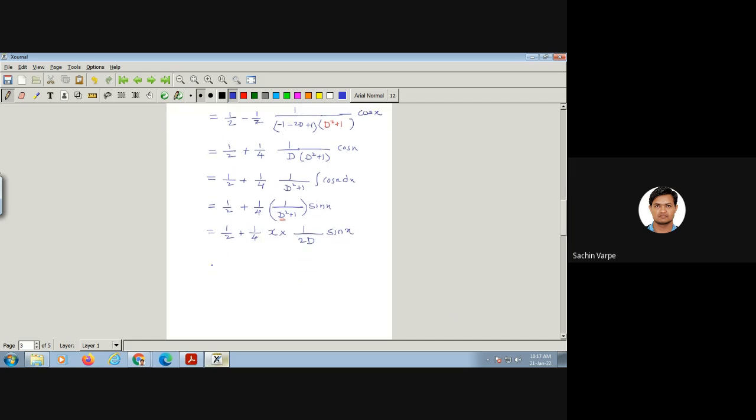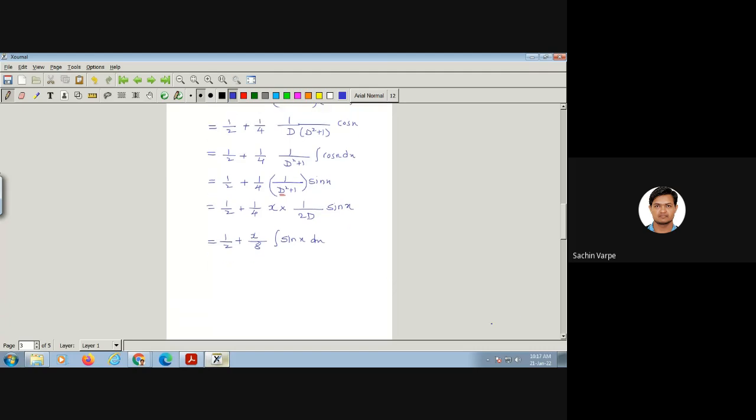So that is equal to 1 by 2 plus x by 8, because this 4 2s are 8, and 1 upon d means integration of sin x dx. Is it okay? Yes, sir. So x by 2 integration of sin x is minus cos x. So 1 half minus x by 8 cos x.